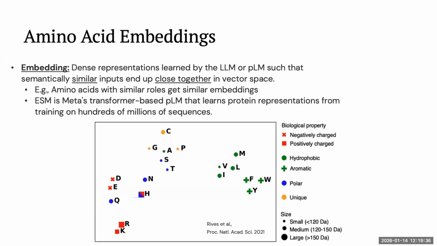We get, for example, an N and a T, they're close to each other because they're polar. We have all the hydrophobic amino acids that are clustered here, and so on and so forth. So there is this concept of similarity that we can learn in an unsupervised way by training these transformer architectures on protein sequences. So this raises the obvious question.